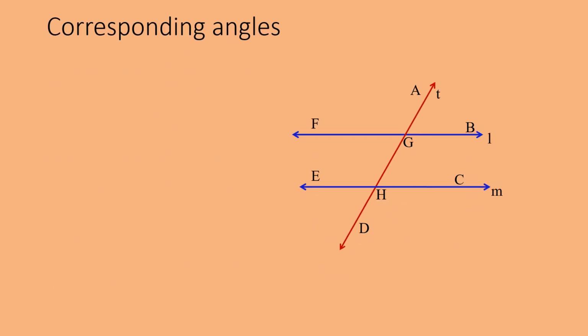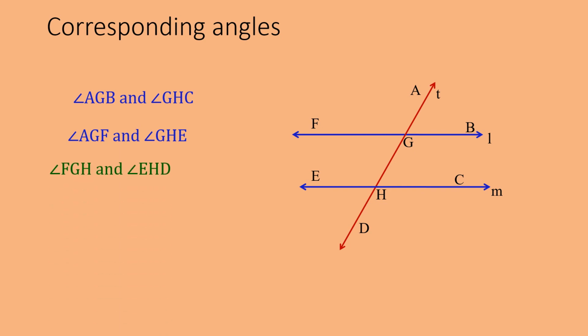The corresponding angles: we have angle AGB corresponds to angle GHC, then angle AGF corresponds to angle GHE, angle FGH corresponds to angle EHD, and angle BGH corresponds to angle CHD.